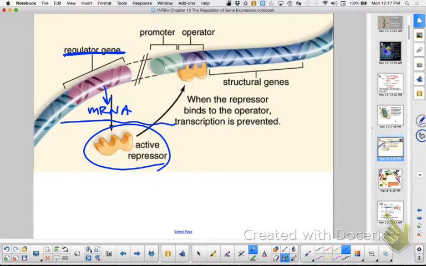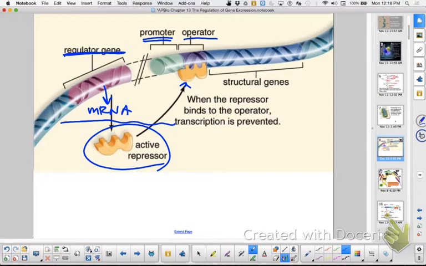The other key spot is the promoter. Who wants to bind to the promoter? RNA polymerase to initiate transcription. But it has a hard time binding if next to it the operator has a what on it? Repressor. So in essence, if you have an active repressor that is on the operator, you have shut down that entire operon.